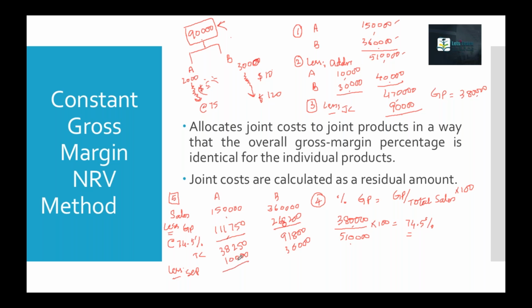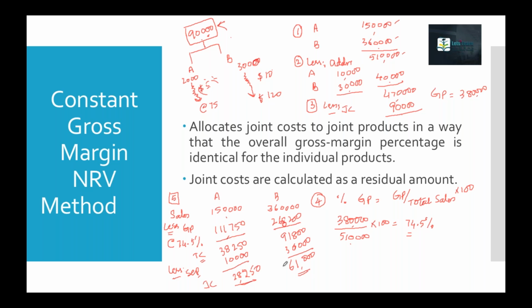Right. So 28,250. This total cost includes separable cost and joint cost, but joint cost is combinedly incurred. We don't know what is for A, what is for B. I'm just deducting to find out. 61,800, and this one 28,250. This is your joint cost.